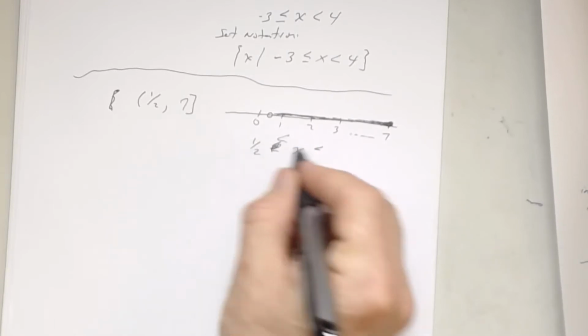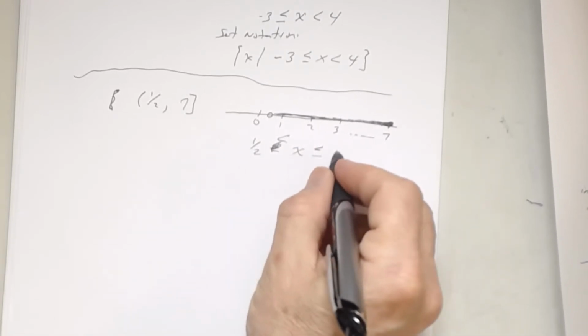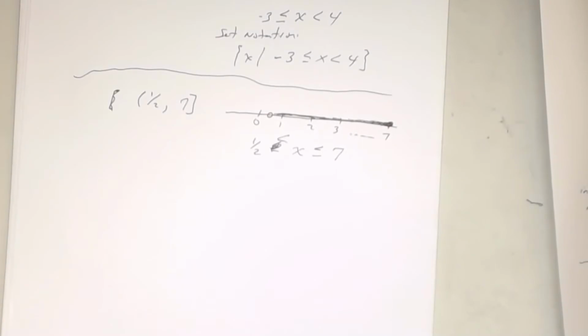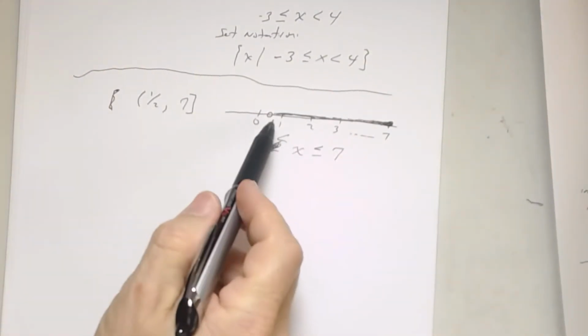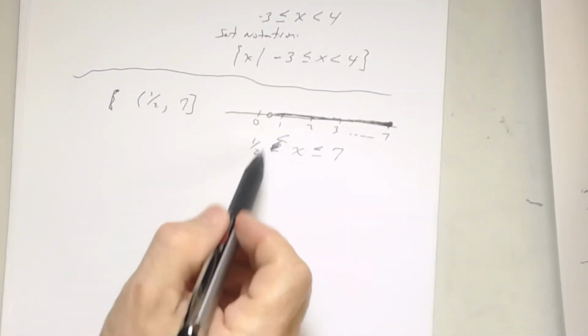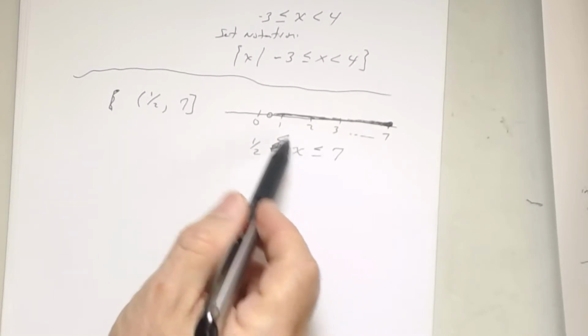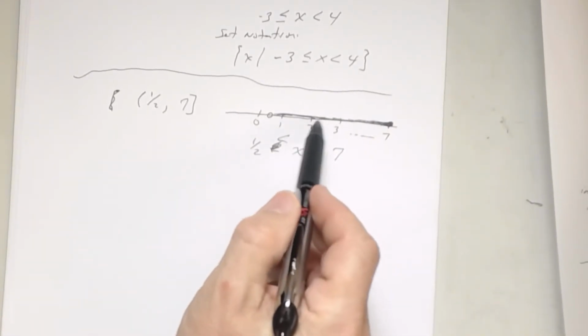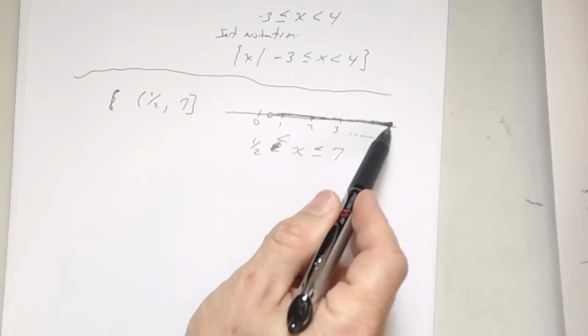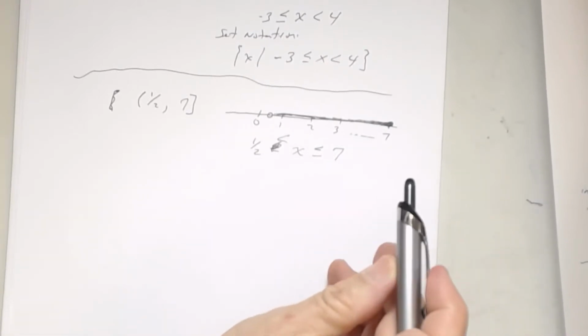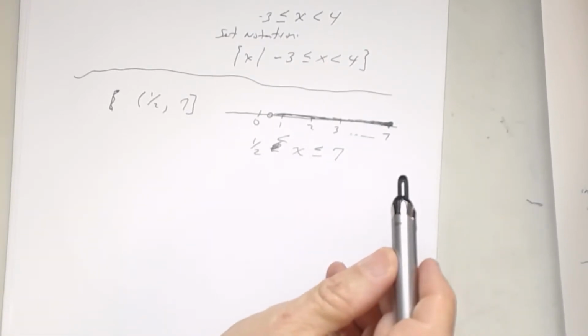Less than. And x has to be less than or equal to what? 7. Notice there's no equal sign here because it was an open circle. So 1/2 is the smallest. So 1/2 has to be less than all of these x's right here. And all of these x's have to be less than or equal to what? 7.